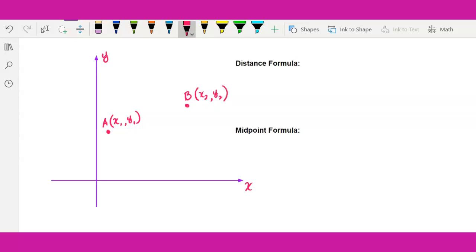You may notice that the labeling of the coordinates is the same as when we are finding the slope.